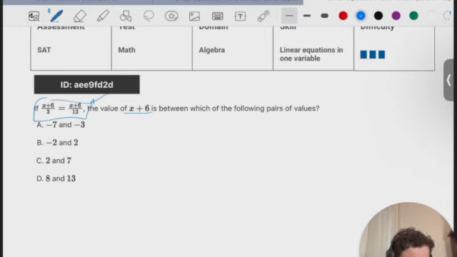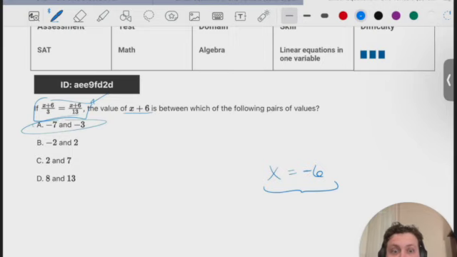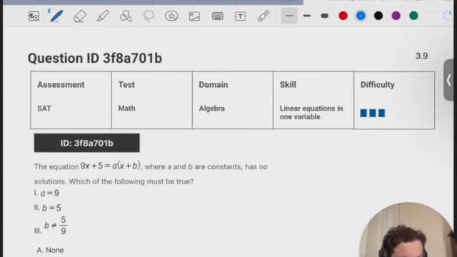Solve for x. And I get that x equals negative 6. The only thing that falls in between is A. So don't get too confused about what it must be between what 2 pairs. Let's just figure out what x equals. Cool.